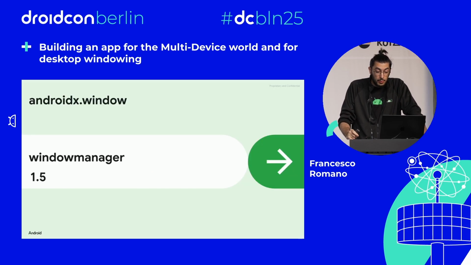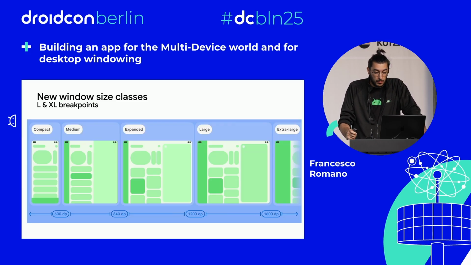First, this week, Jetpack Window Manager gets its stable release for version 1.5 and includes an update to the window size classes. It includes the new large and extra large breakpoints to help you design layouts for desktop devices and ultra-wide monitors, which is very important now that Android supports connected displays.